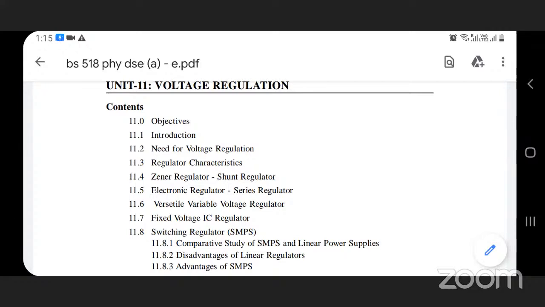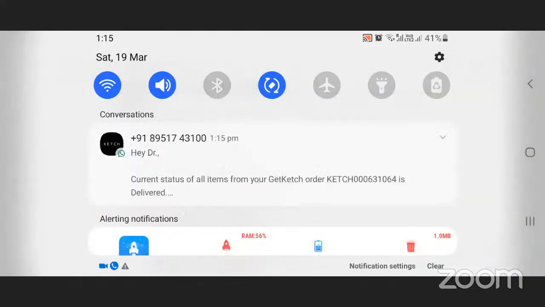Also the shunt regulator, and later the electronic regulator, series regulator, and variable voltage regulator. These are the different types of voltage regulators available. Here we will mostly utilize a Zener regulator, and later a fixed voltage IC regulator, and finally the switching regulator, that means the switch mode power supply.